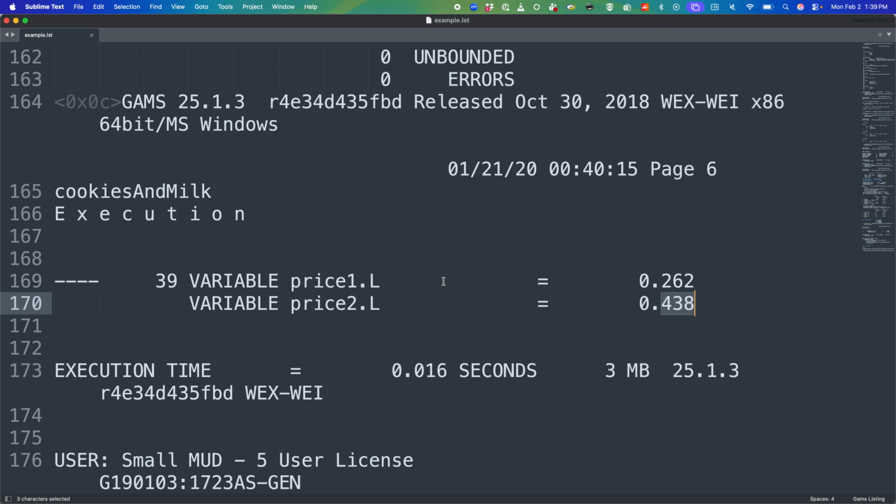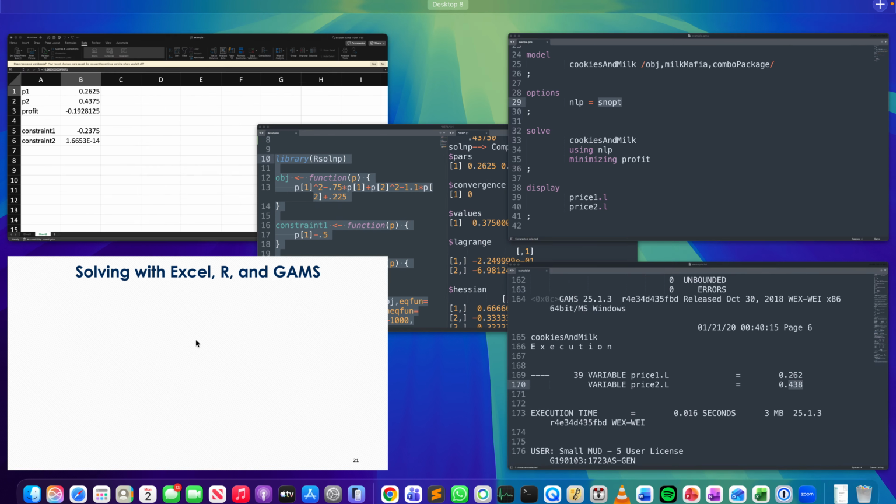Okay, so the basic idea again is that different platforms are able to solve this, and you are welcome to use whatever tools you want to solve your optimizations, but I will leave us with a warning in just a second about that.